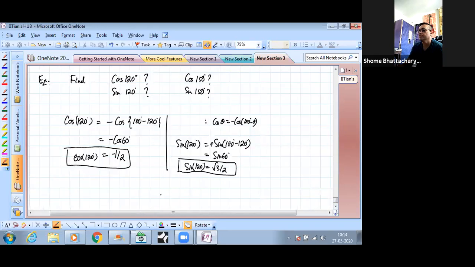Likewise, when you work this out, you will see that your cos 150 degrees should come out to be minus cos 30, so it should be minus root 3 by 2. Whereas your sine 150 degrees should be positive of sine 30, so it should be half. Correct. Okay, these are the values.